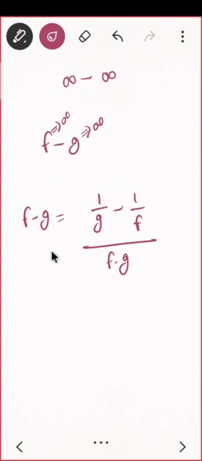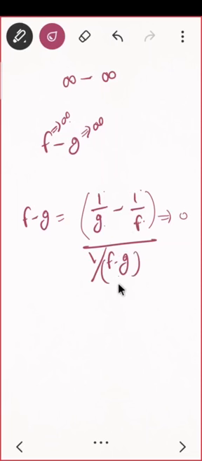And now the question is, I wanted to make it either 0 by 0 form or infinity by infinity form. Am I through? As f goes to infinity, what about 1 upon f and 1 upon g? That means this numerator goes to 0. Do you agree? It should be 1 upon f into g, then only it will get cancelled.